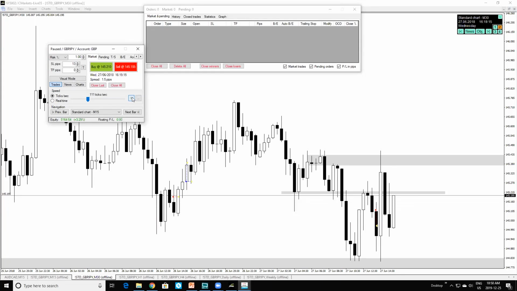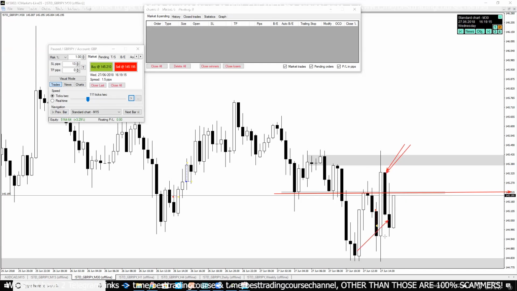Come up some more. Oh, there we go. It's coming up. So now, this is the trick. Since the bias is bearish based on this 30-minute candle closing below 145,200, we're not looking at the wicks. We're looking at where price is closing. This big black candle closed below 145,200. This candle closed below 145,200.